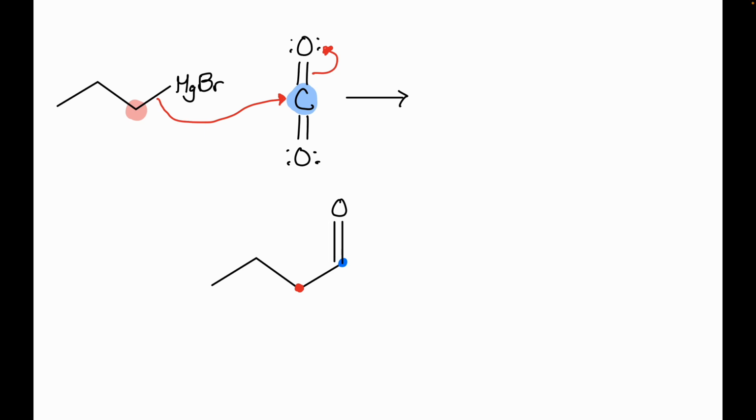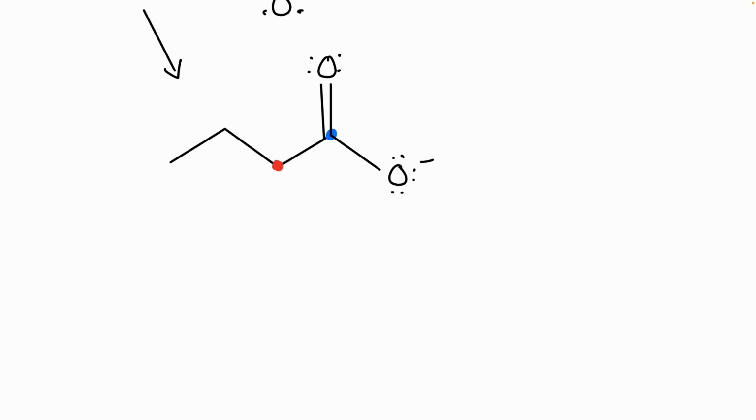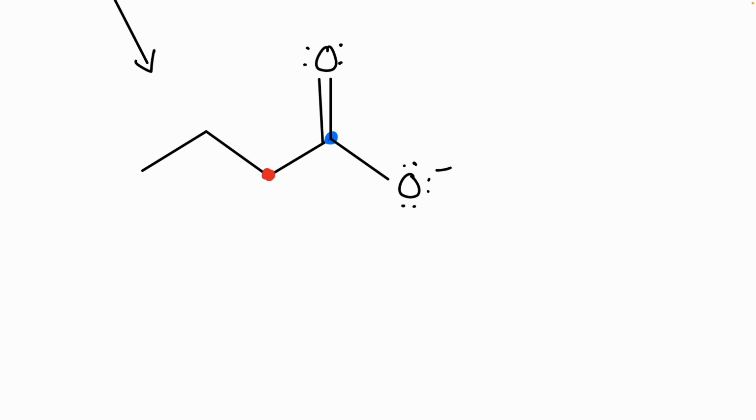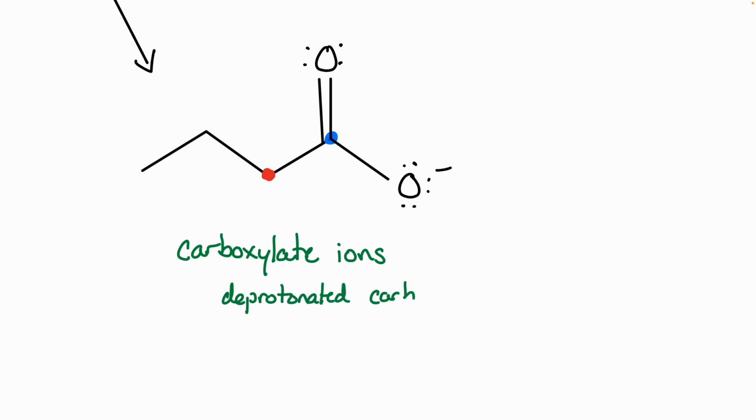All right, I still have one of those carbon-oxygen double bonds, but now the other one, that oxygen has accepted that pair of electrons and has this negative charge. These are what we call carboxylate ions, just deprotonated carboxylic acids.